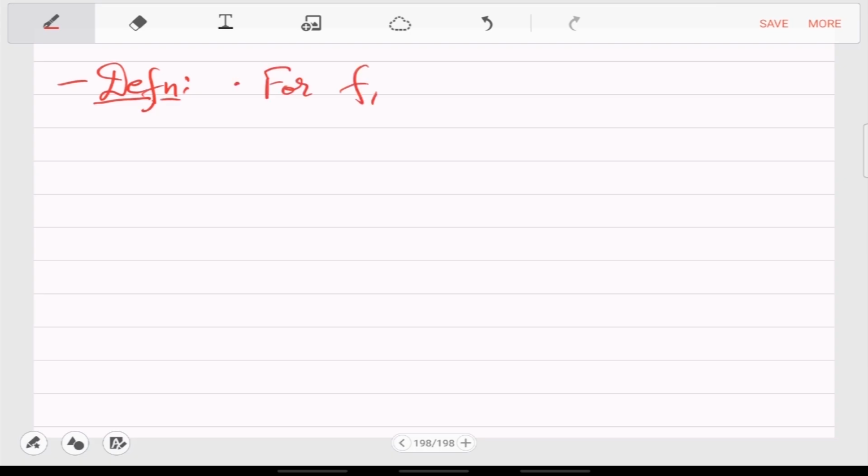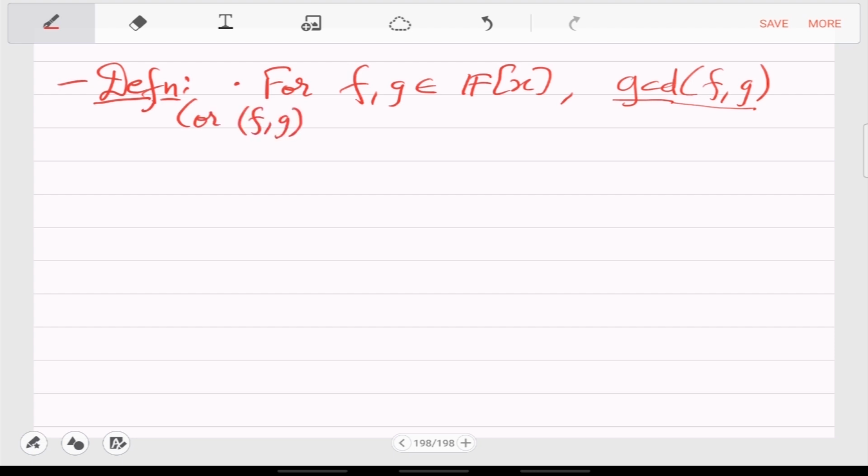So for polynomials f and g, the greatest common divisor GCD of f comma g, which we'll usually write like integers, shortened to (f, g).